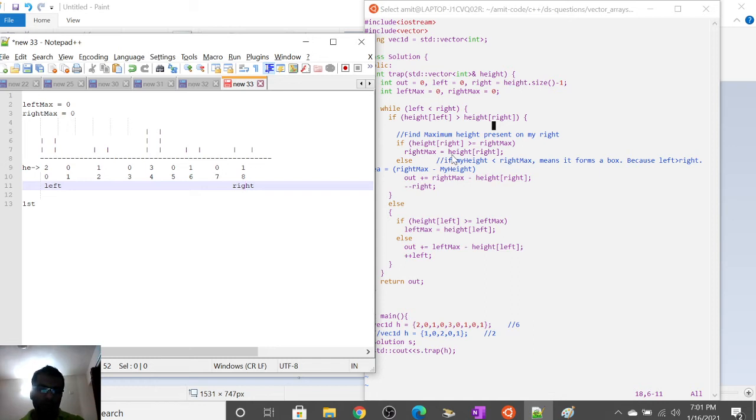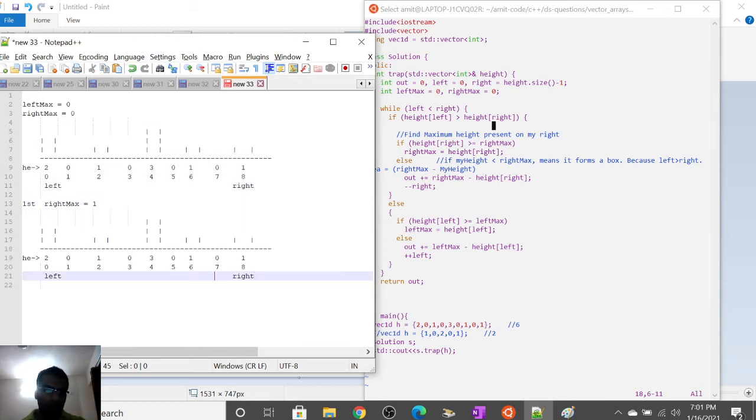So we'll come here and see whether the height of right at this index is greater than or equal to right max. It means this building is greater than 0. Yes, it is. So we'll set right max to 1, the present height, and we'll decrement right. So now let me just copy it, and right will come here.